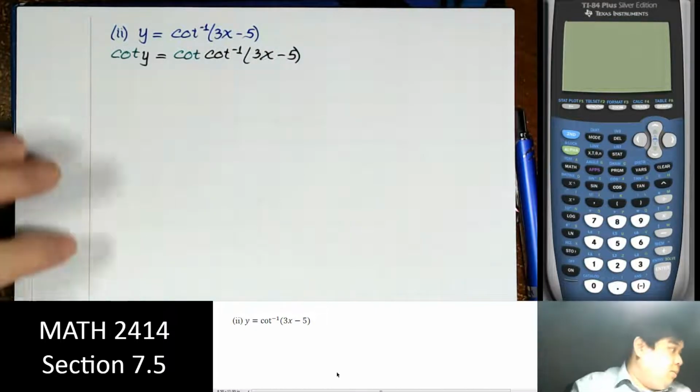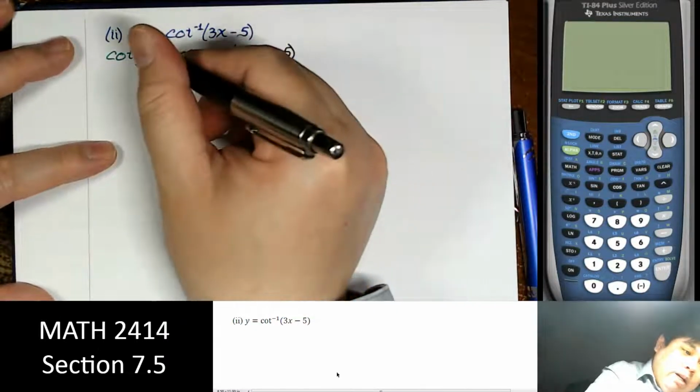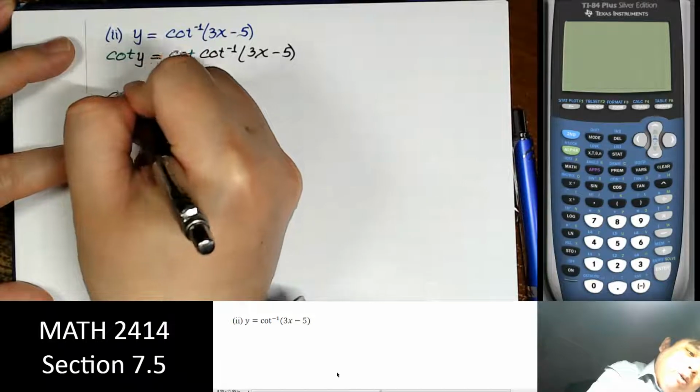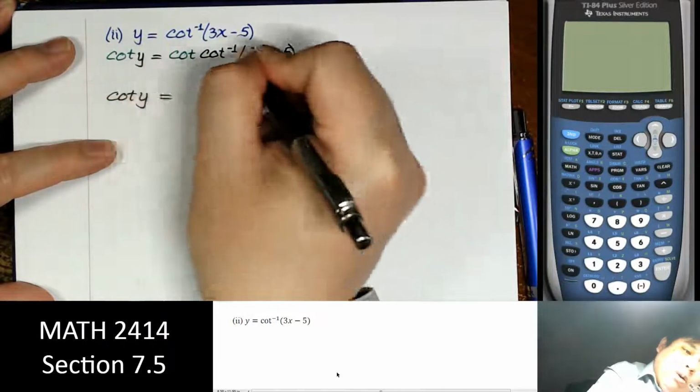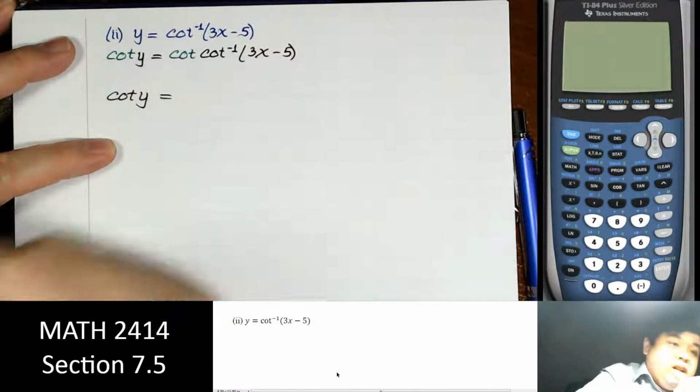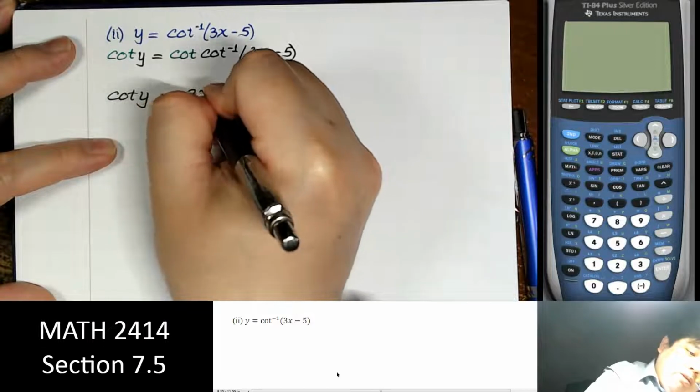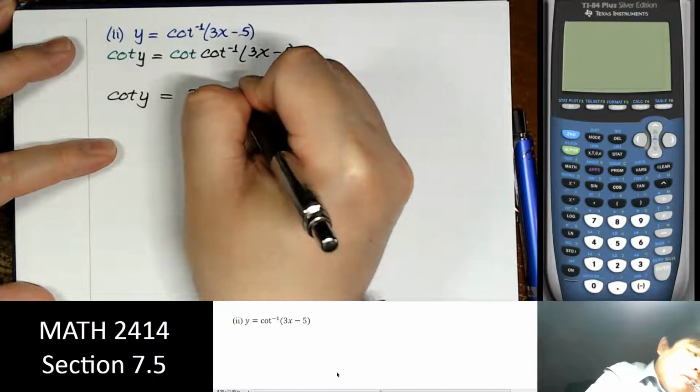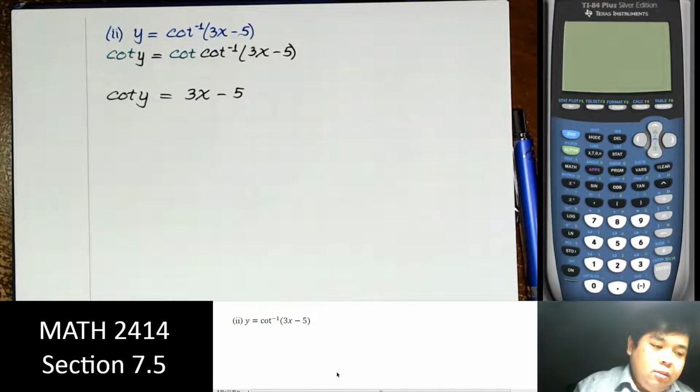So that will be cotangent of y is equal to cotangent of cotangent inverse 3x minus 5, where they cancel.